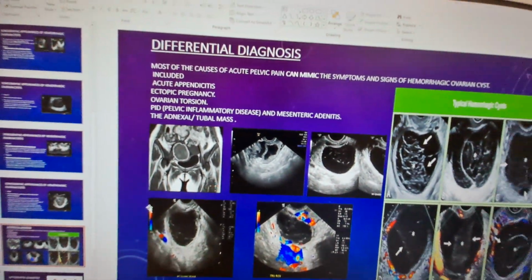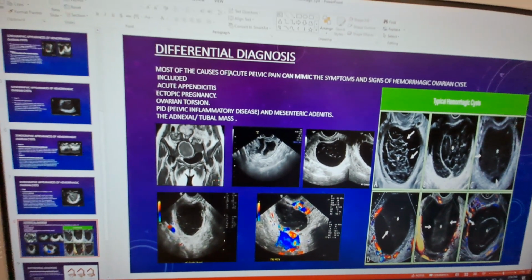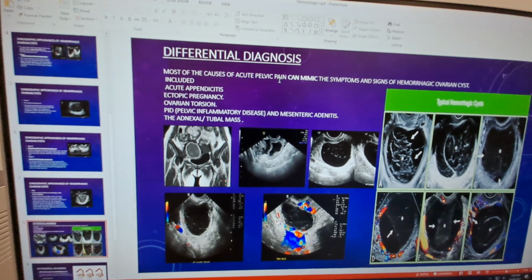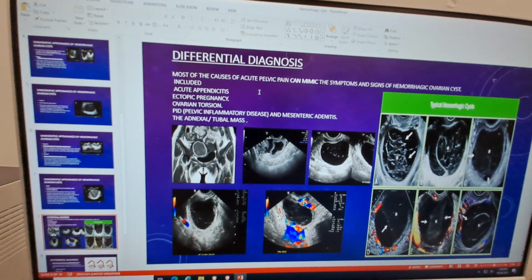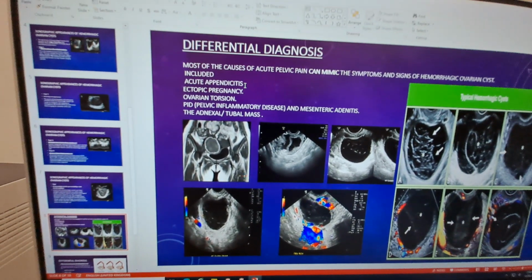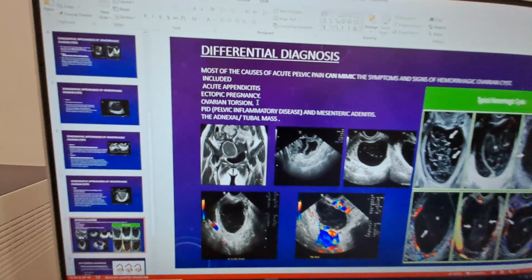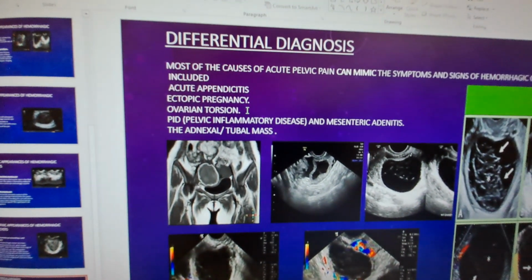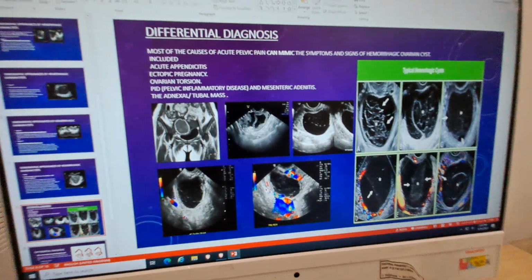Differential diagnosis of the hemorrhagic cyst. So always remember, you cannot exclude from your mind that there is a neoplasm, or some kind of appendix problem. Symptoms are similar: ectopic pregnancy, ovarian torsion, and adnexal mass. Always remember these things.